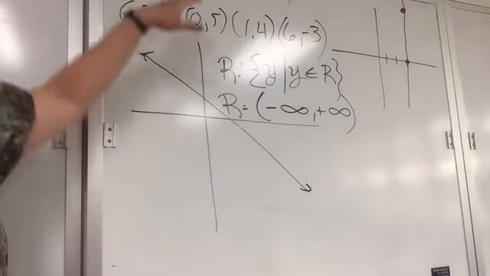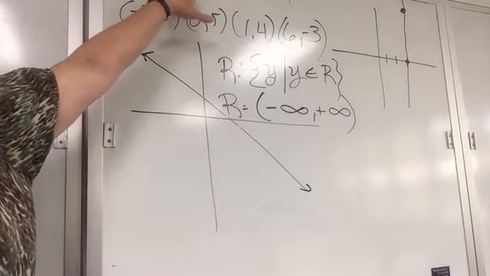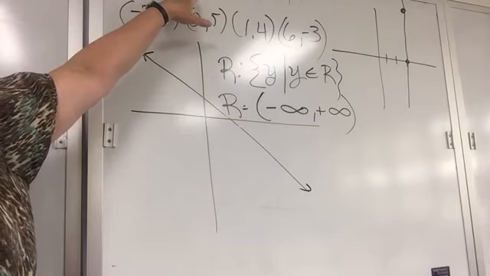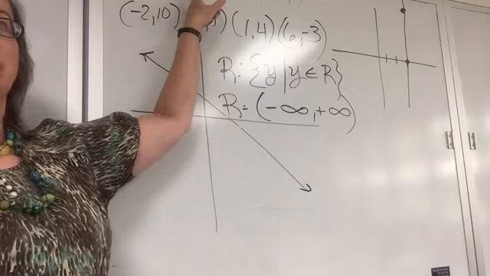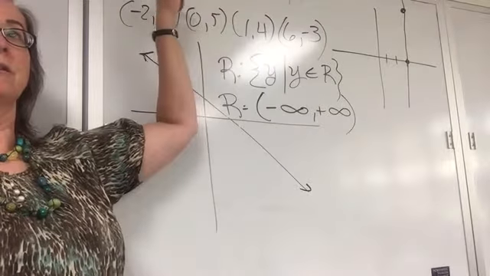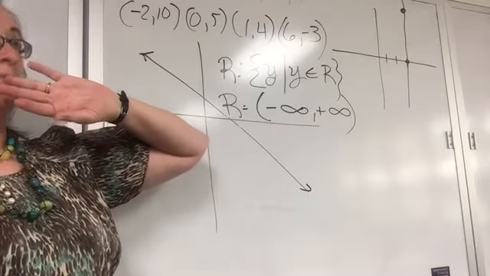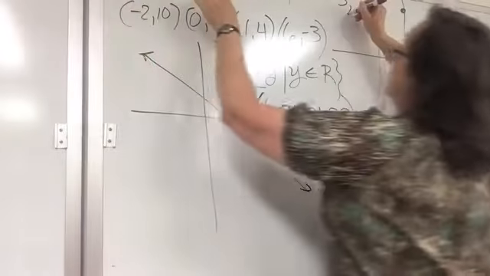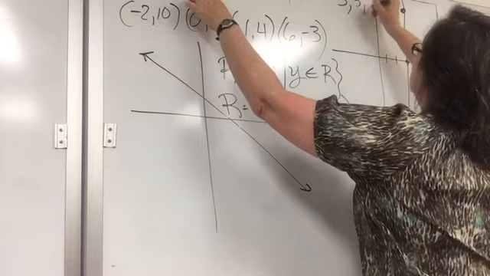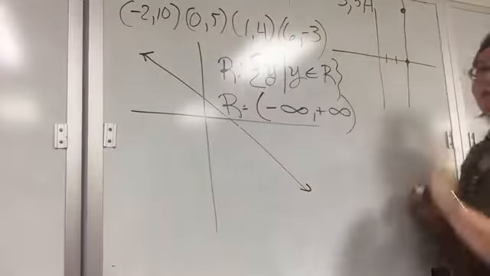Now going back to this set, let's go backwards just a minute before we erase this off the board. What would the domain of this set of ordered pairs be? 3, 4, 5, but not another 3.